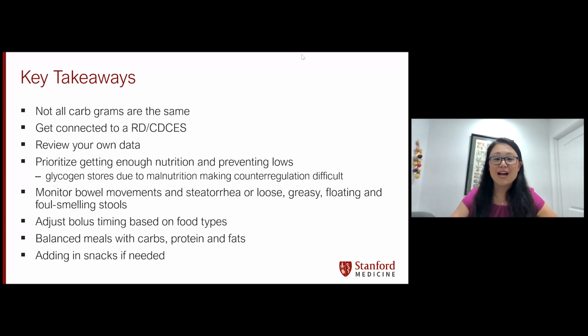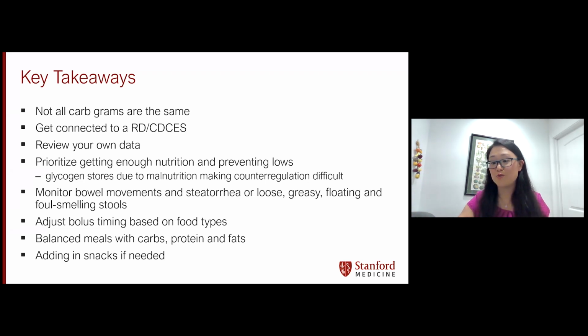So to start summarizing, just some key takeaways that I hope everyone thinks about is that not all carbohydrates are going to act the same in our body. And hopefully that's not too big of a source of frustration. Get connected to somebody who's a dietitian and a diabetes educator, think about reviewing your own data, and definitely review your data with your doctor or your dietitian, and maybe even ask the question, what are you looking for when you're evaluating?